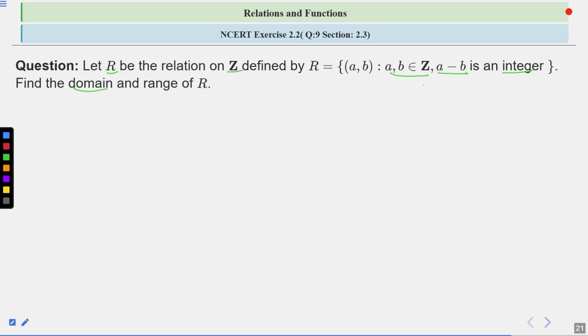Now find the domain as well as the range of the relation R. You will have some seconds to try this problem, then afterwards we will move on to the solution slide. So your time starts now. The time is up.